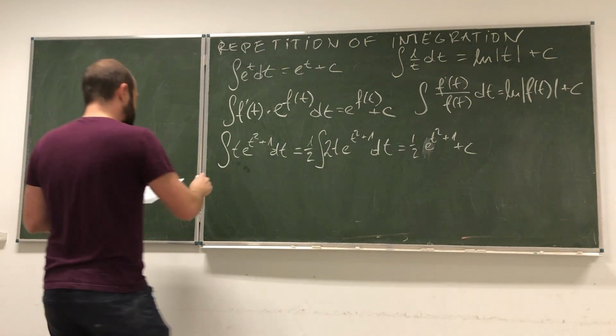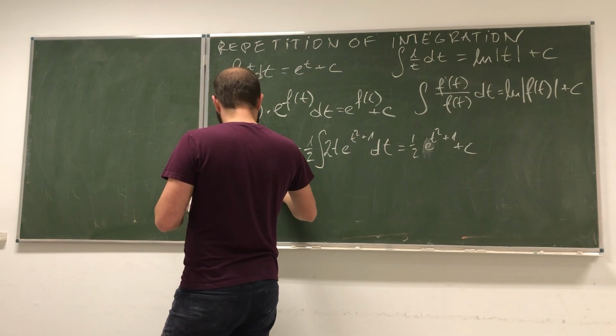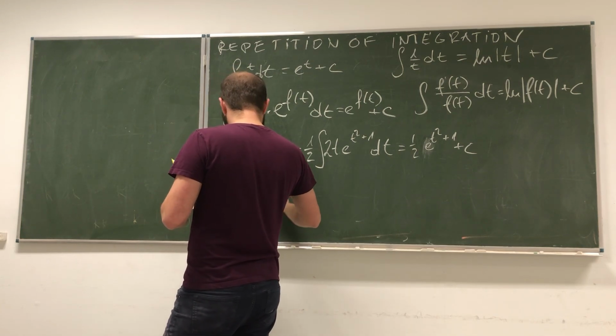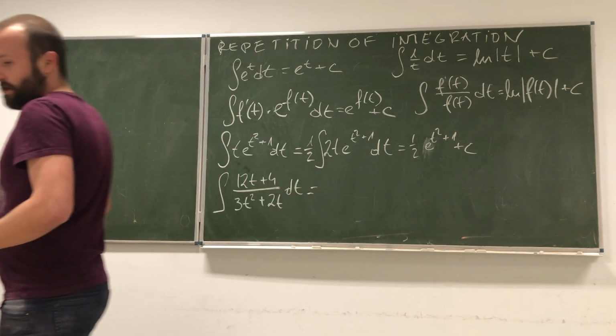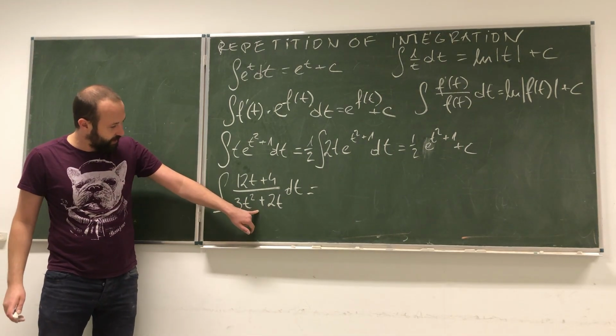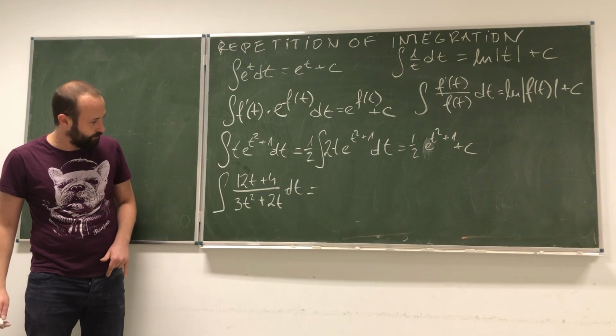Let's just say that we've got integral of 12t plus 4 divided by 3t squared plus 2t dt. Well, again, what I want to have is to have derivative of this function over here. But derivative of this function is 6t plus 2.